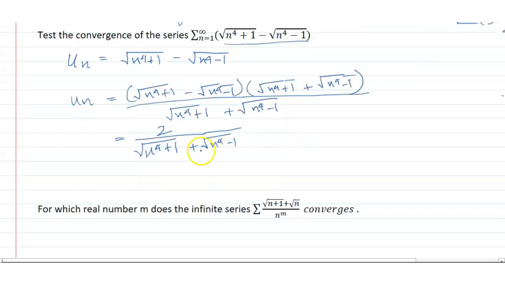Take Vn value. You will see that the lowest term is 4 divided by 2 is equal to 2. So Vn equals 1 by n square.